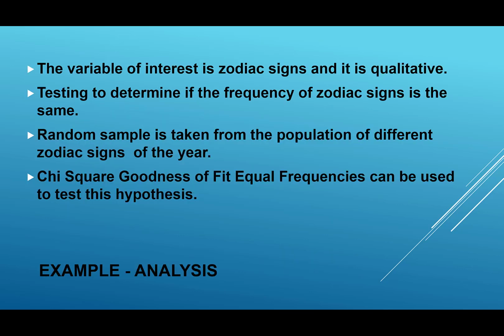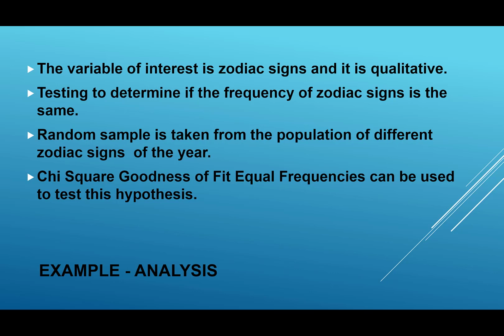We would start by analyzing this scenario to make sure that the goodness of fit equal frequencies test can be used. First of all, the variable of interest is zodiac signs, and that is qualitative because it consists of categories like Leo, Gemini, Pisces. So those are just names.